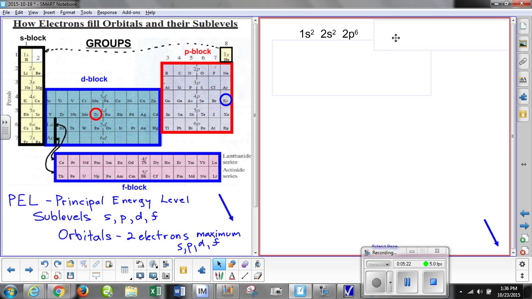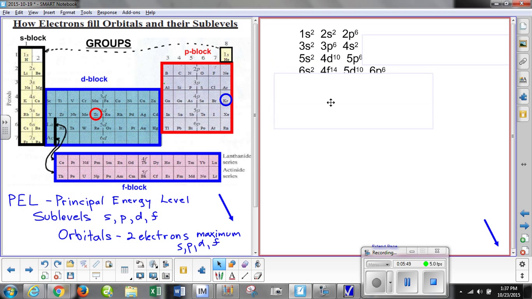So we had that, and I didn't uncover it. There we go, and there's our 2p. Then we can go on to row 3, starting out with the 3s, and that has 2. How many in the 3p? 6. And then what next?